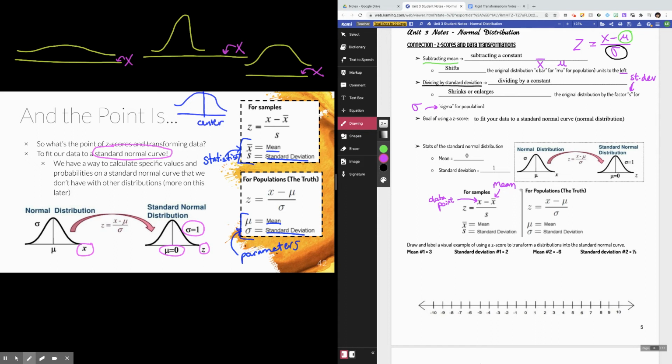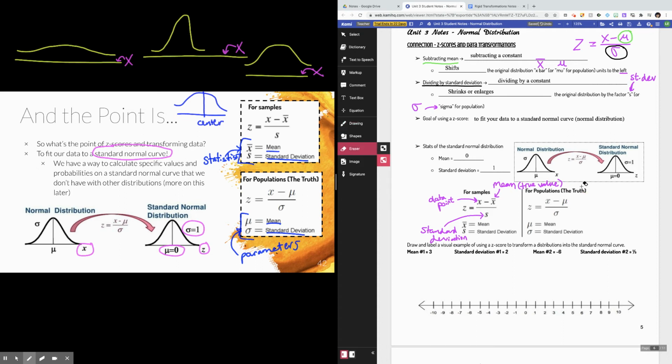Or again, you can think of that as your true value. Usually we take average to mean our true value. And then divided by S, which is your standard deviation. Okay, same thing.